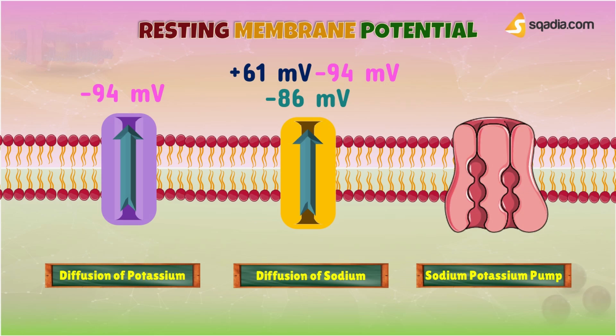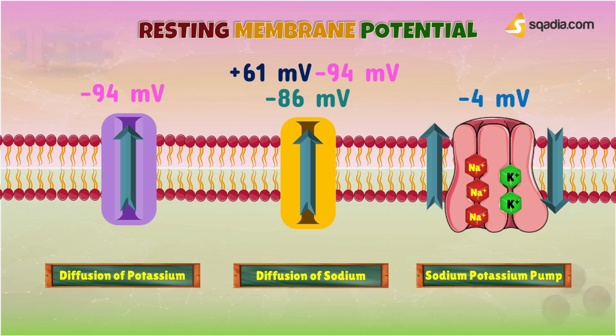Lastly, the sodium-potassium pump. When 3 sodium move outside and 2 potassium ions move inside, this creates an electronegativity of around negative 4 millivolts. Now if we add up all the factors, what will be the final answer?